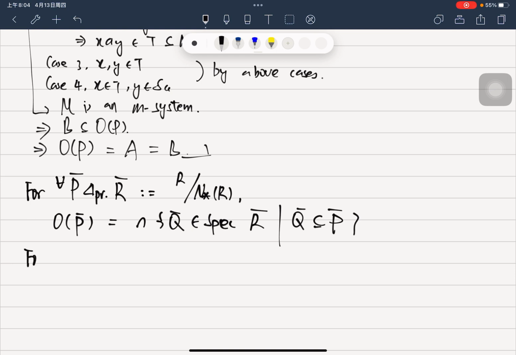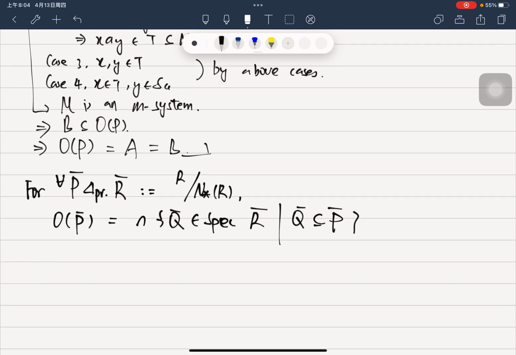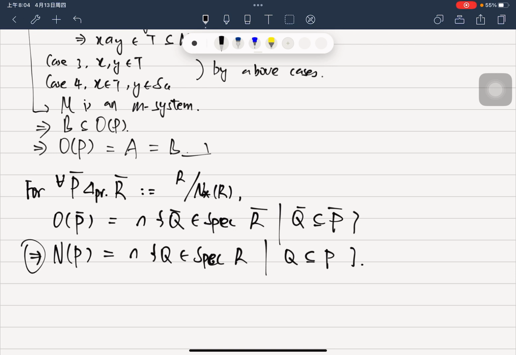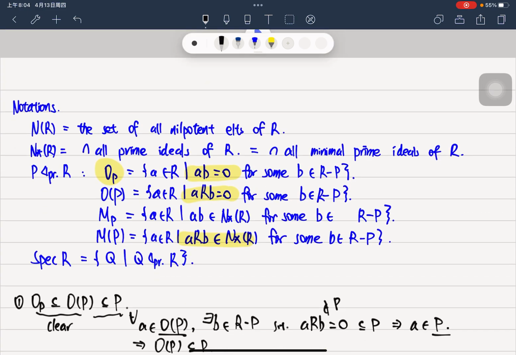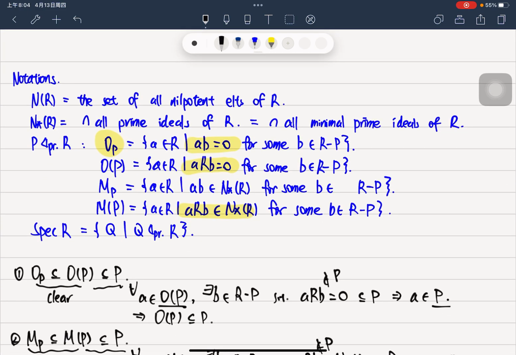So we have this one also. MP is the intersection of all the prime ideals of R, where Q satisfies this thing. From this step, maybe you don't understand so well, but let's see the definitions of OP and MP.